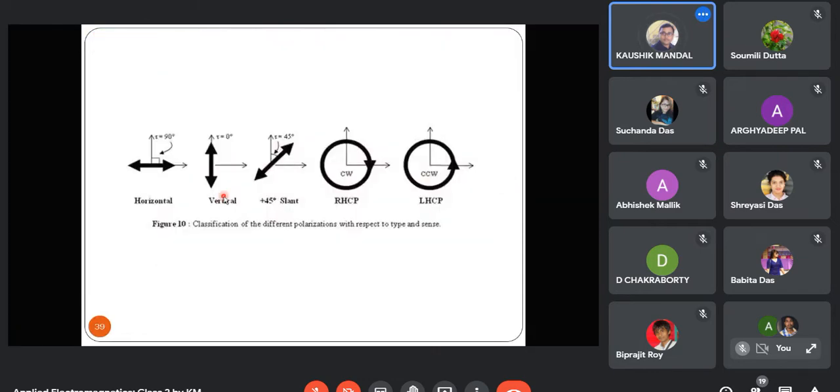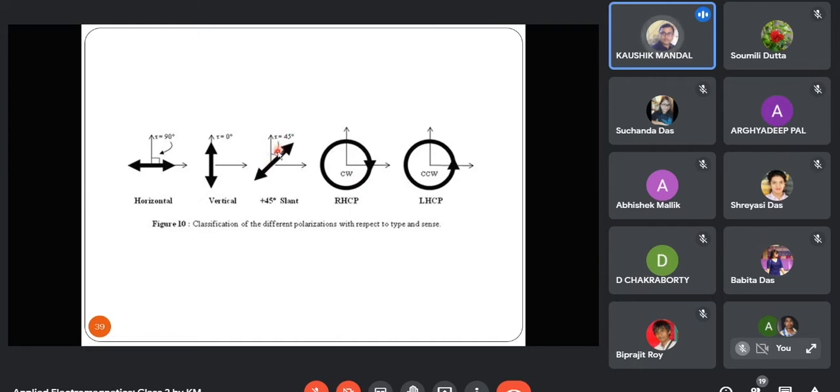So that is also defined in this particular figure more clearly. This is the x-axis, this is the y-axis. Now this is the case of horizontal polarization. This is the case of vertical polarization. These are under linear polarization. You can also say this is also the case of linear polarization, but in that case the tilt angle is 45 degrees.